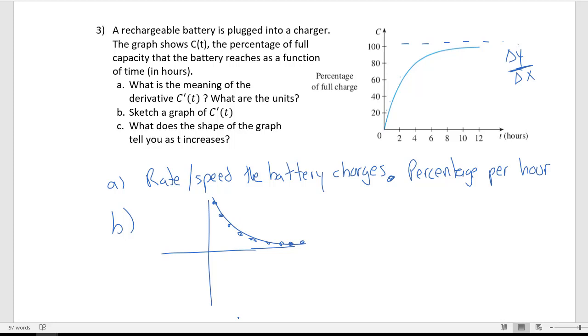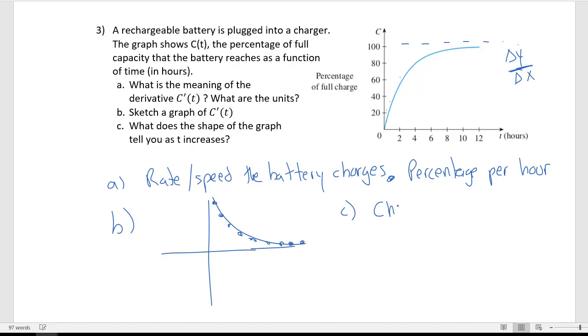And letter C says, what does this shape of the graph tell you as t increases, as time increases? So if you think about this, the charge starts off pretty large. The y's are large. And then the charging slows down, right? So the capacity of the battery, what it can absorb, starts to slow down. So the charges are growing quickly. The y's are large, right? The speed of charge is large, and then the speed of charge is small, right?